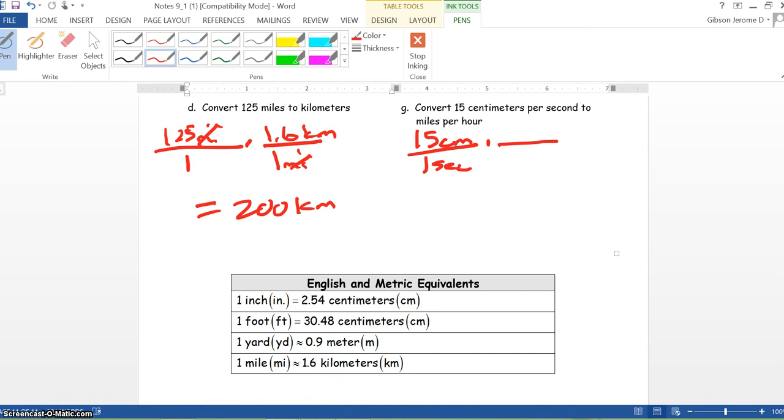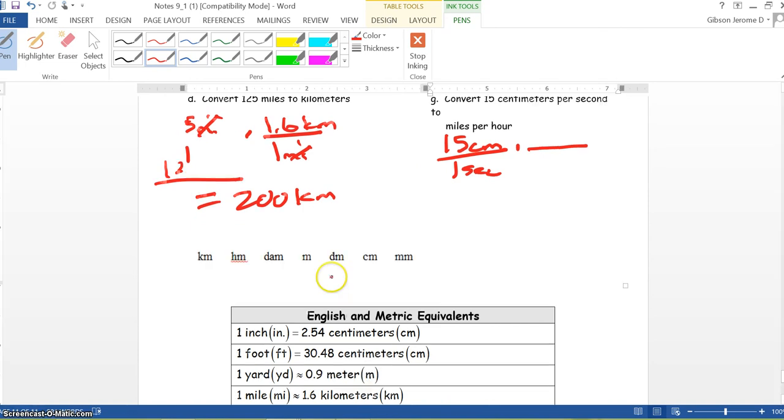So what we need to do, we need to go back and get one of those charts from earlier when we did the metric conversion. So I took the liberty of putting this chart down here from earlier. And remember, we want to go from centimeters per second to miles per hour. So now we want to go from centimeters to kilometers, and then go from kilometers to miles.